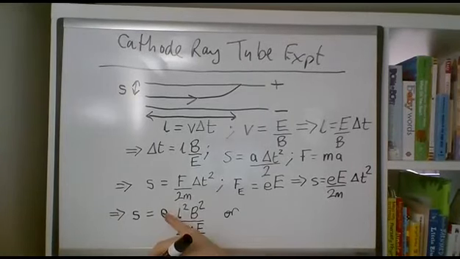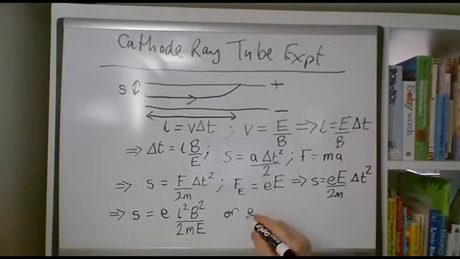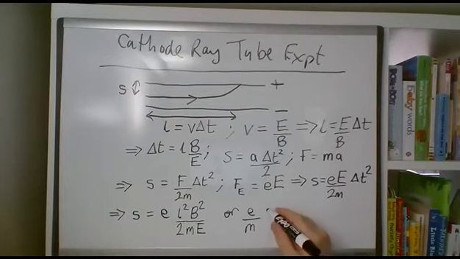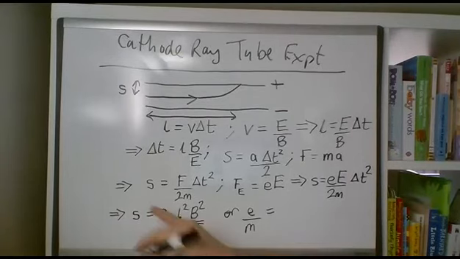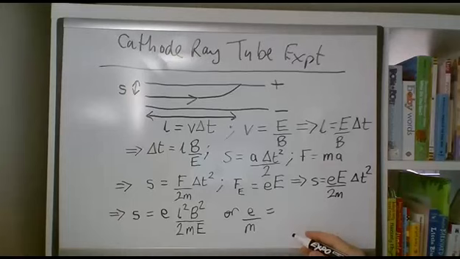Or if we want the charge to mass ratio, which we said is what Thompson gives you, the charge of the electron divided by the mass of the electron. So we take 2e up here. We want to keep m where it is, don't we?